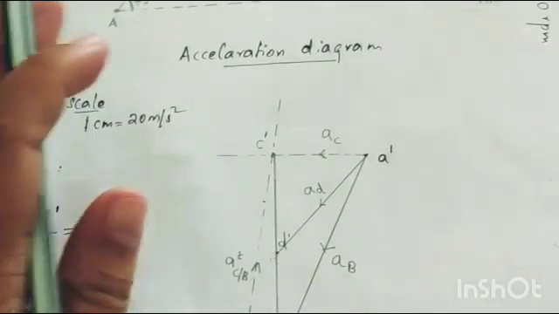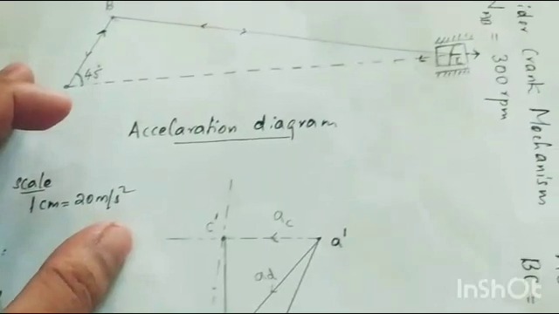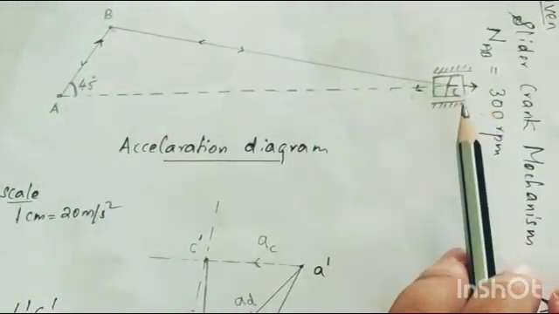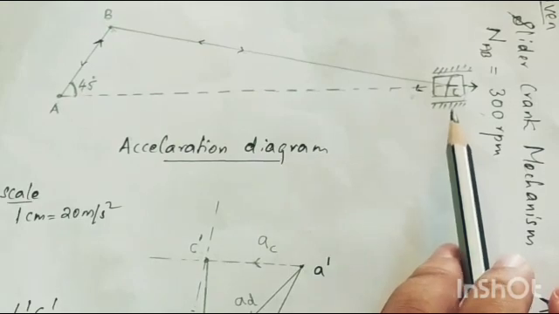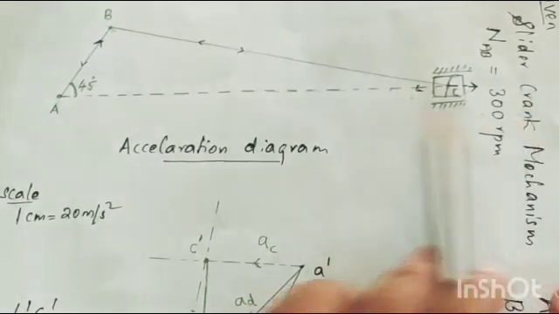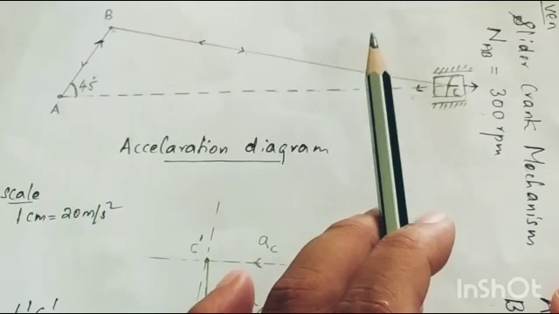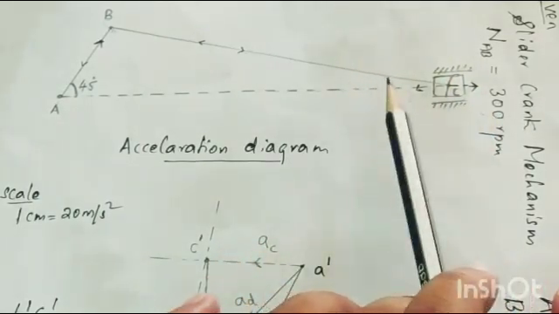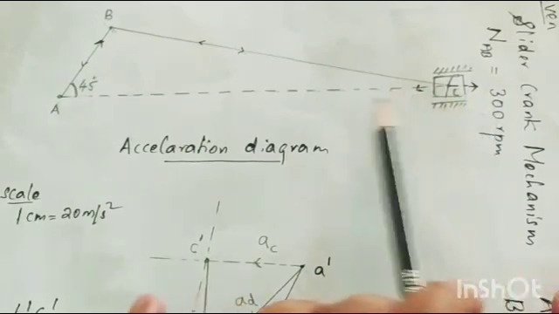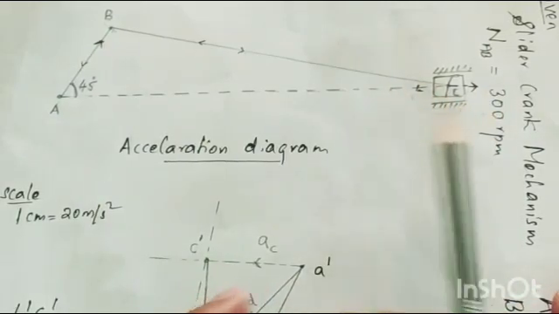Okay. So if we finish that, then now we have to draw the acceleration for the piston. So here also, like in velocity, since the piston can move only in this linear path, there is no radial component and there is no tangential component. It has only the absolute acceleration. So this is the direction in which the piston can accelerate.